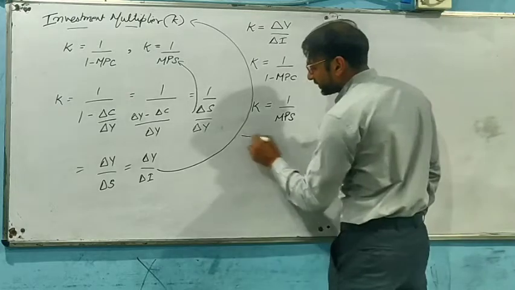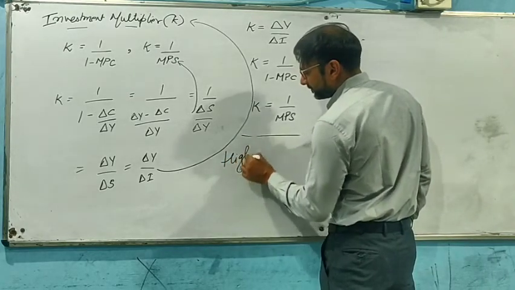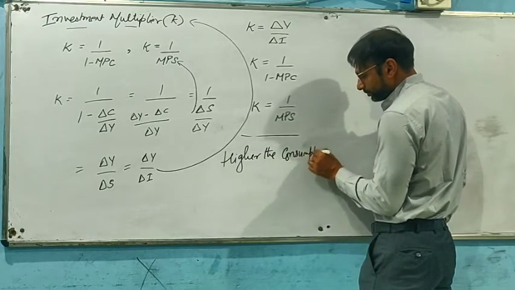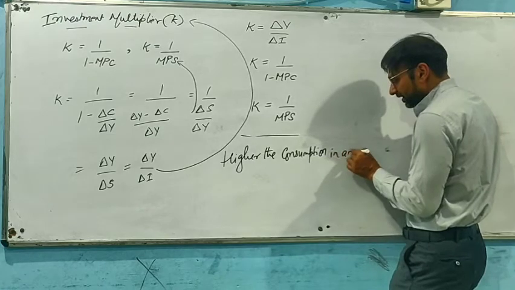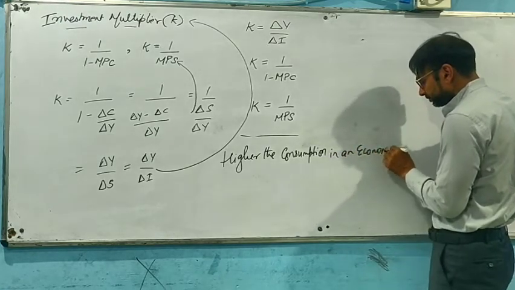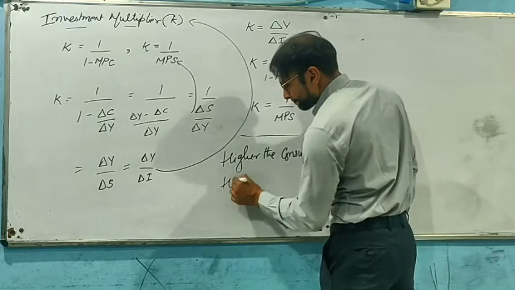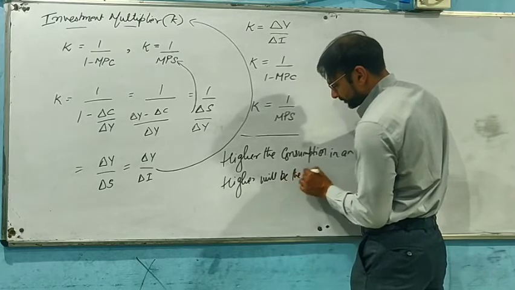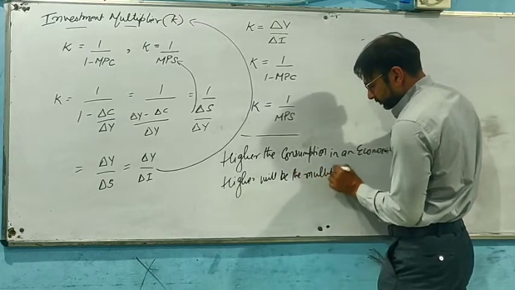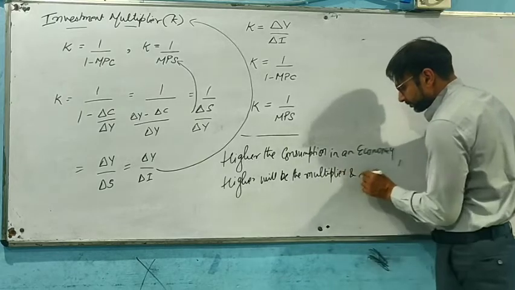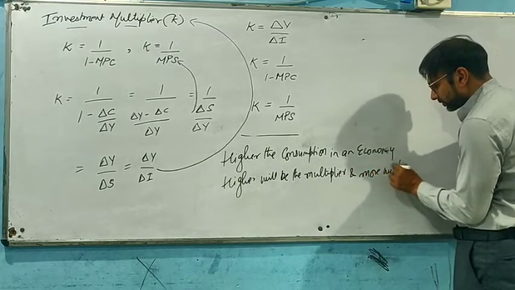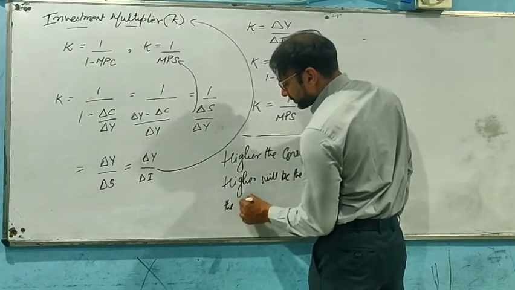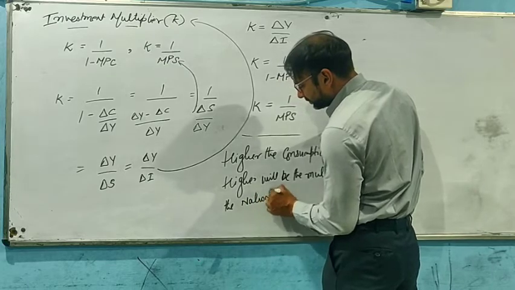So we can get one conclusion that the higher the consumption in an economy, higher will be the multiplier and more will be the national income.